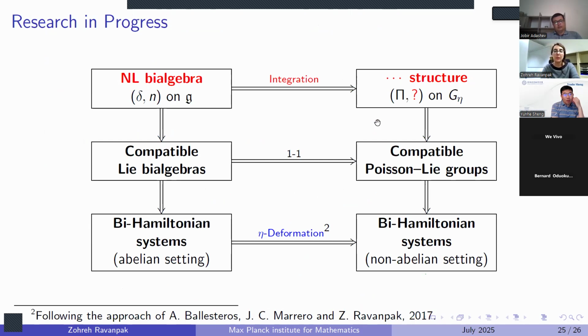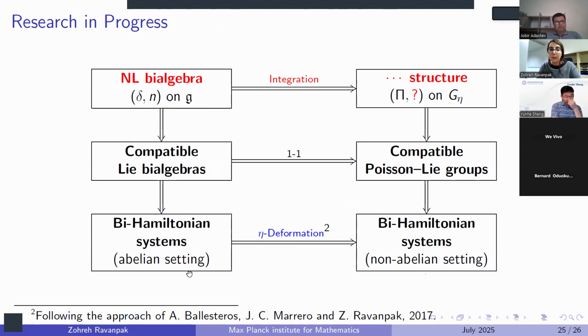So what more can we do in this area? Here I introduced the NL bialgebra, which is constructed by a pair of delta and n on a Lie algebra. And I showed how, under a certain condition, they define compatible Lie algebras.